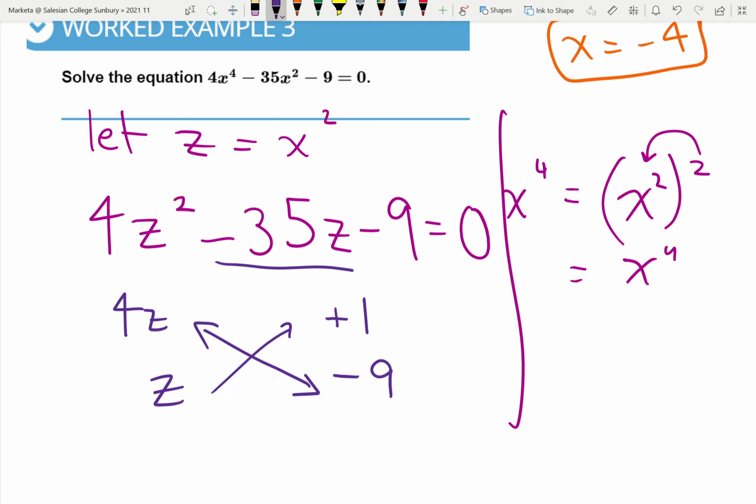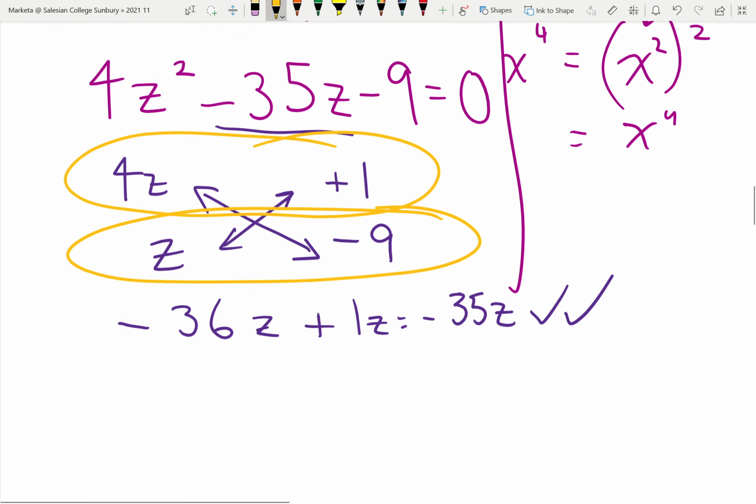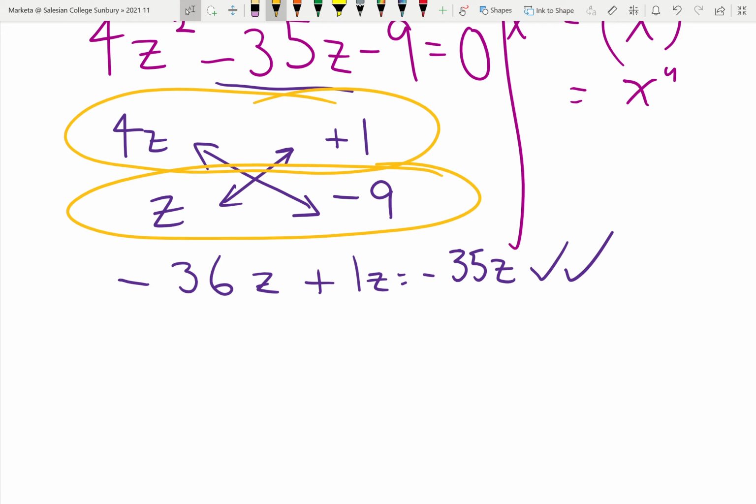So negative 9 times 1 is negative 9. Let's cross multiply. 4z times negative 9 is negative 36z. z times positive 1 is plus 1z. So that's going to be negative 35z. And that is what we want. It is our middle term. So now that I've got the middle term, I know that my brackets are going to have those going that way. So let's do that.